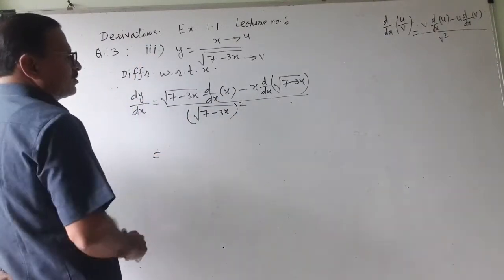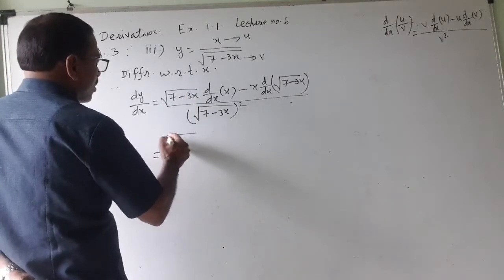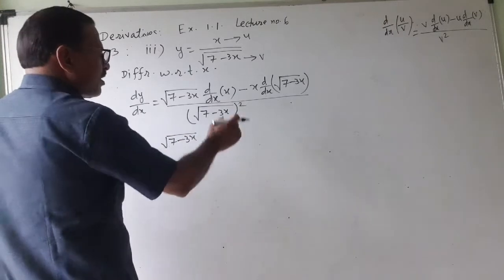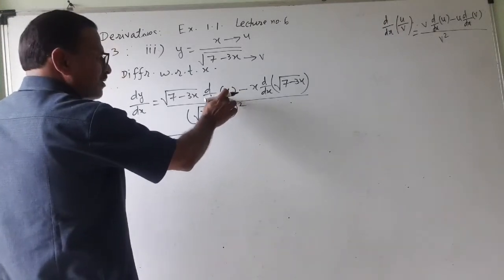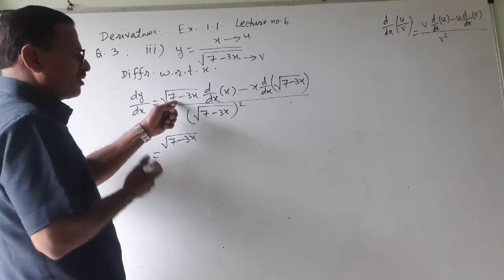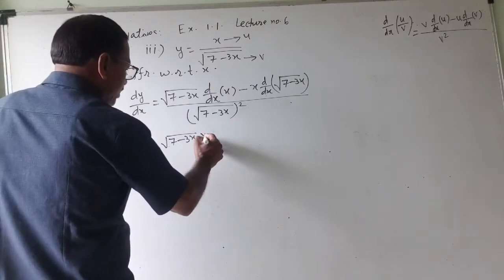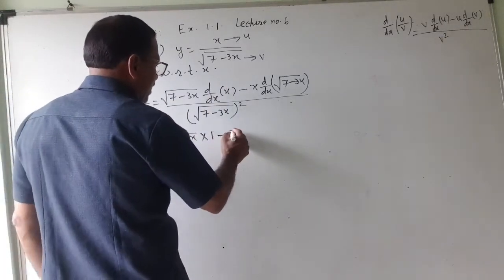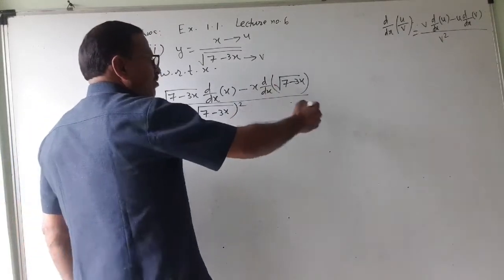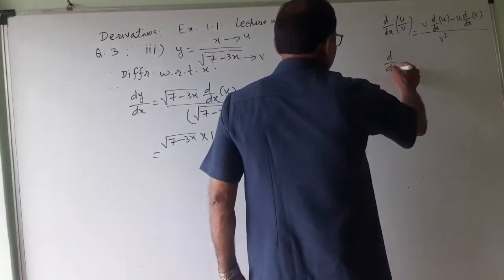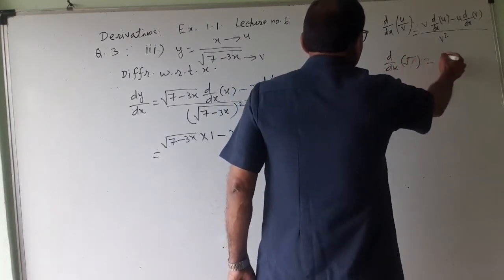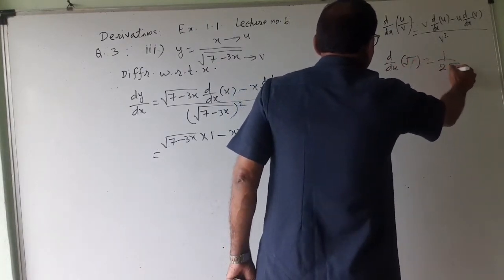Okay, that is equal to, this is root of 7 minus 3x, which is written over here. Its derivative has to be taken. Some of the students take the derivative like this. No. Derivative of x is 1, minus x into derivative of root, d by dx of root, whatever it is in the root, is equal to 1 upon 2 root.